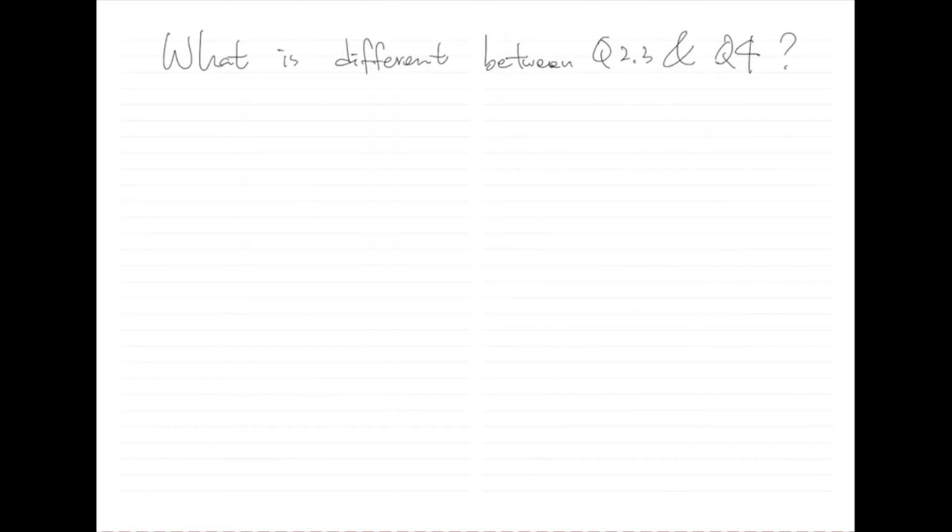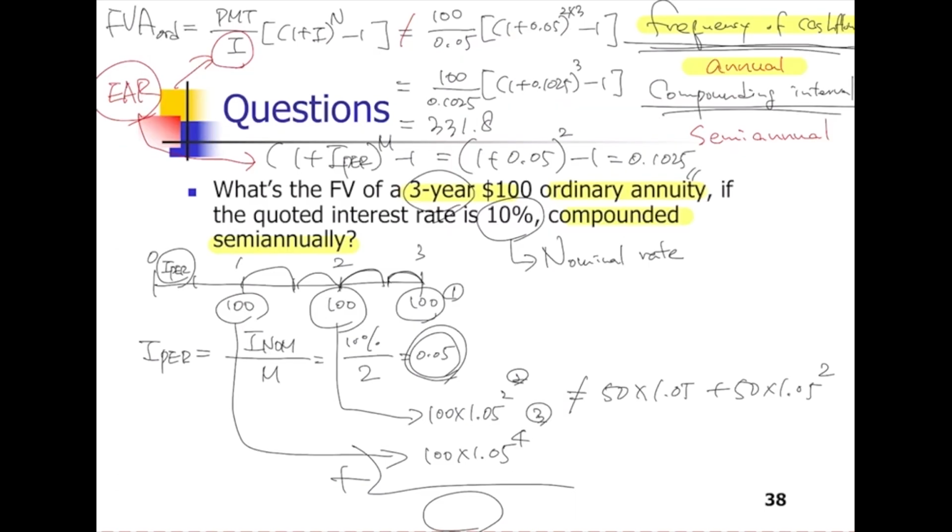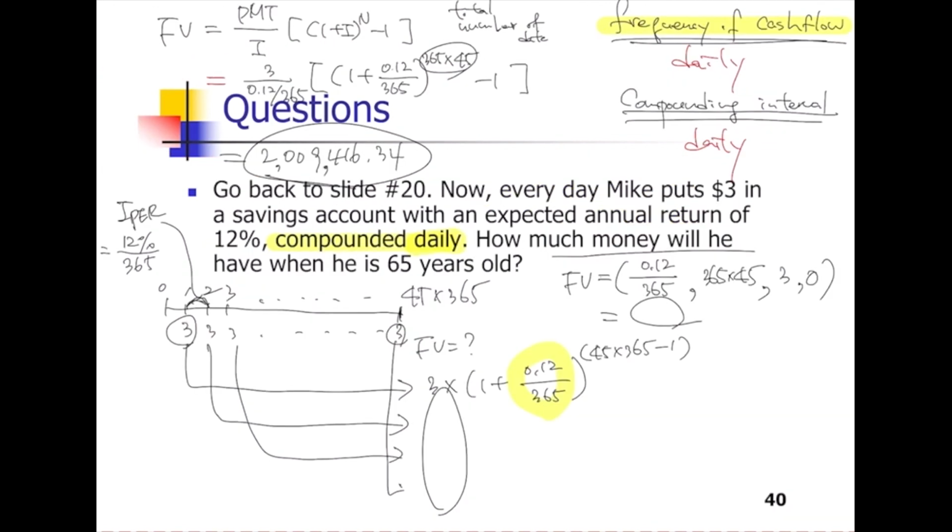So the difference is the period based on when payments occur. In this case, the frequency of cash flow is annual, so we can calculate EAR. But in this case, the frequency of cash flow is daily. We can calculate EAR, but it is very hard to calculate. So I recommend you use the period rate.